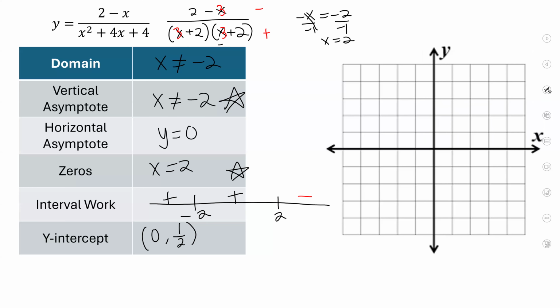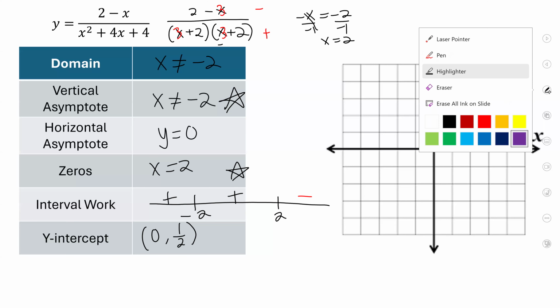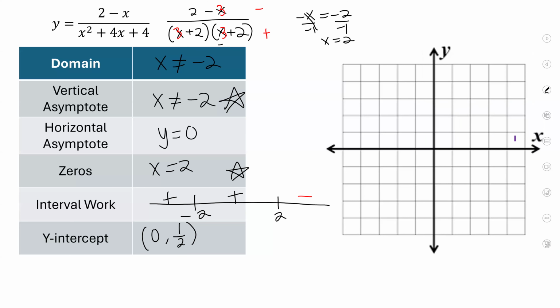So I'm going to go ahead and graph my important features. My vertical asymptote is at x equals negative 2. My horizontal asymptote is at y equals 0. I have a 0 at 2. And you're probably wondering why I put a point on an asymptote.